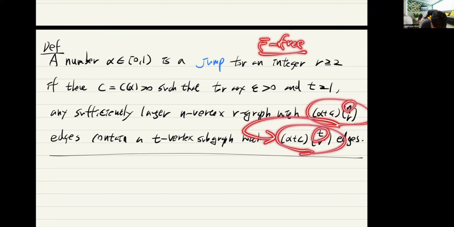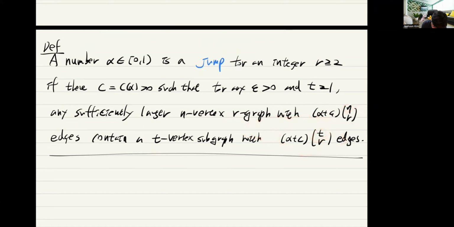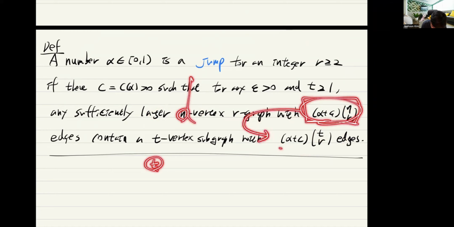And this n and t are related, so that if t is already fixed, and as long as n is sufficiently large, then you get it. Then you take t very large, and n is much larger. And you know that if there is this thing, then naturally you find the subgraph with this many edges.